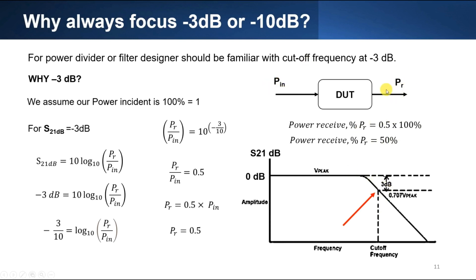So whenever we hear that -3 dB is the cutoff frequency, at least 50% of the power received will be at this point. This is why we always focus on -3 dB at the cutoff frequency for a band pass filter or power divider. Now you know why -3 dB.